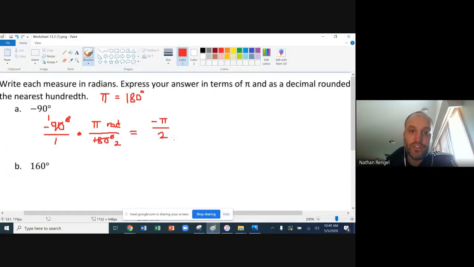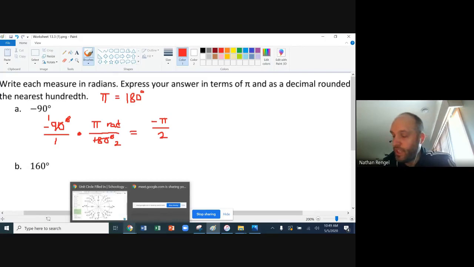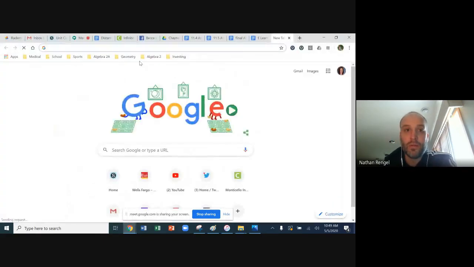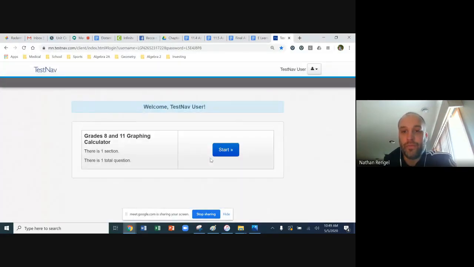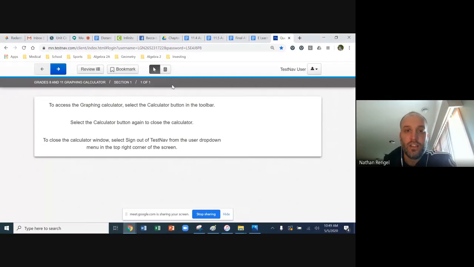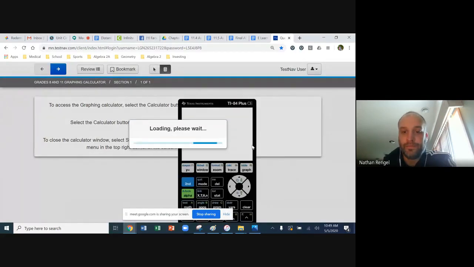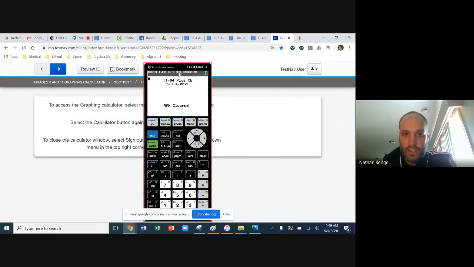The second thing I want to do is round this to the nearest hundredth in decimal form. So to do that, we do have to get to our calculator. So we'll open up our calculator and we'll be able to take that and convert that to a decimal value.